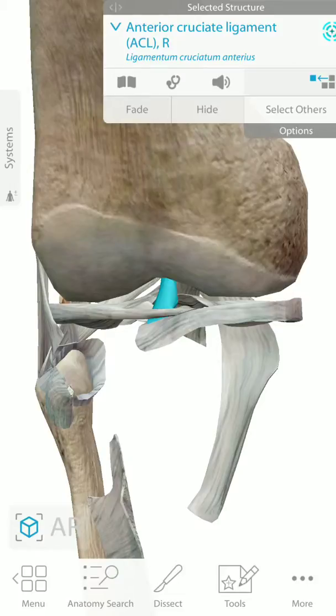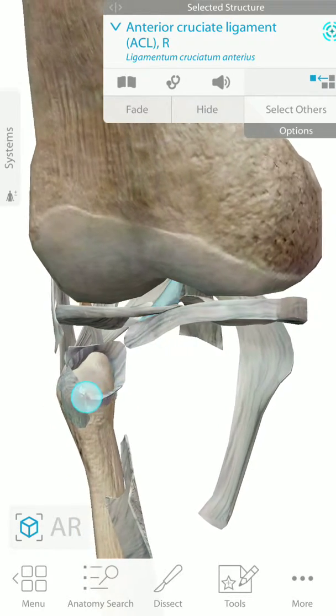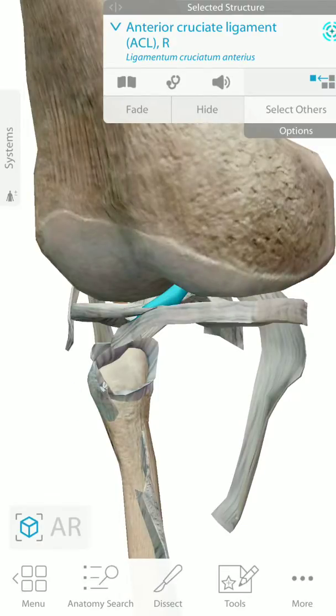If you think, for example, in the sport of football, let's say someone has their foot planted and gets tackled from behind to the tibia, so the lower leg. And that tibia translates and has a very strong force going forwards. That tends to tear the anterior cruciate ligament.